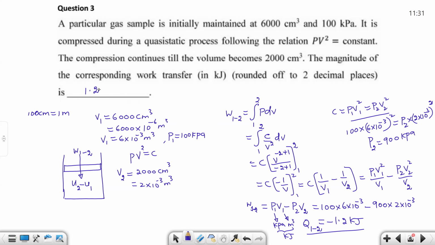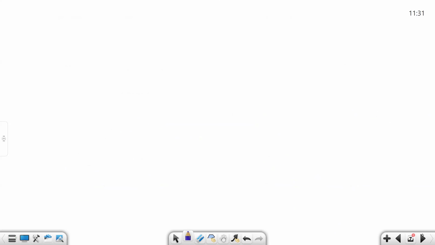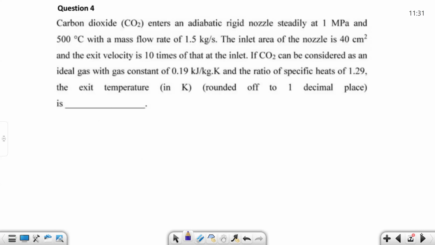Okay, now we move to the next question. A carbon dioxide enters an adiabatic rigid nozzle. So you have a nozzle. This is the nozzle.